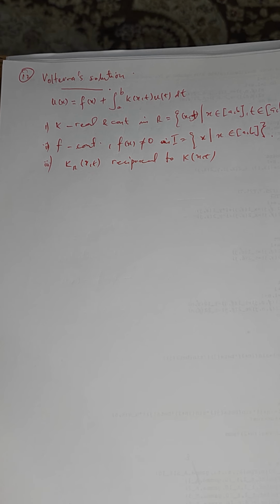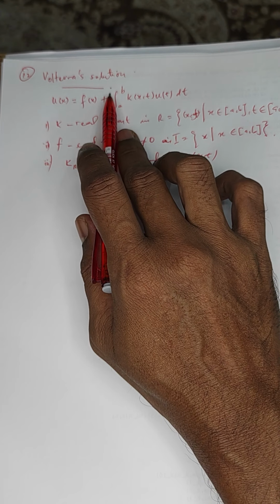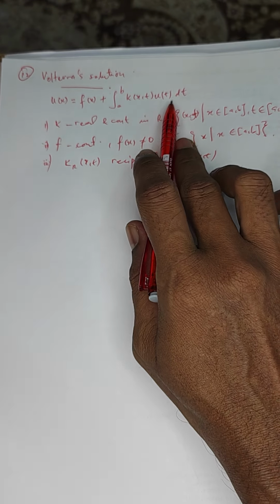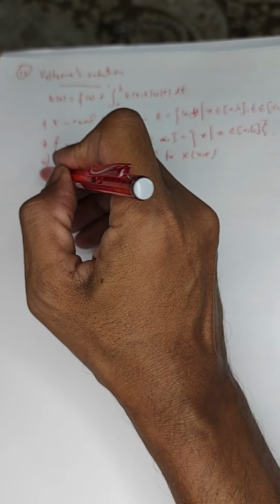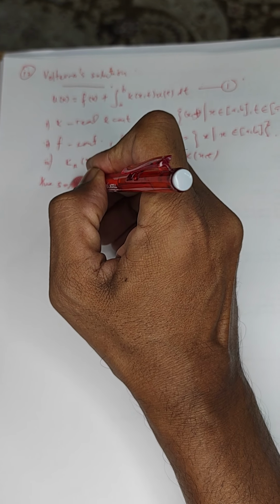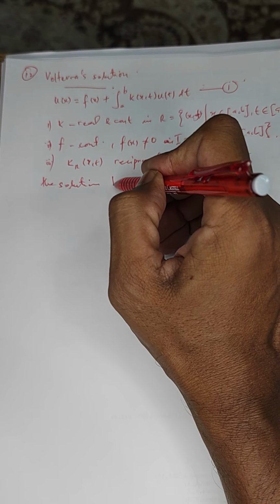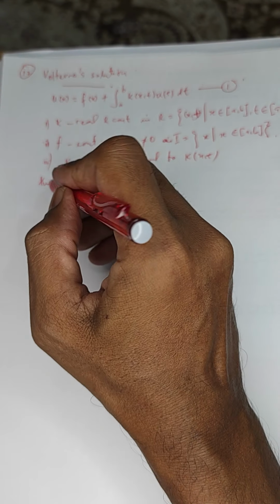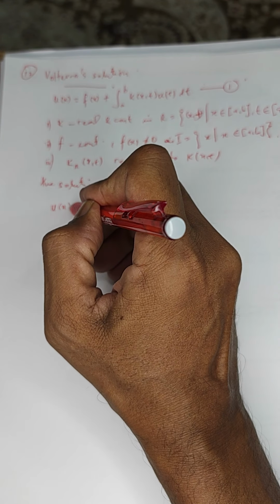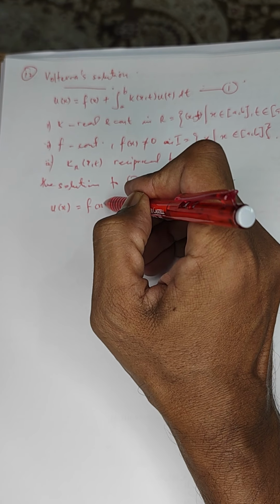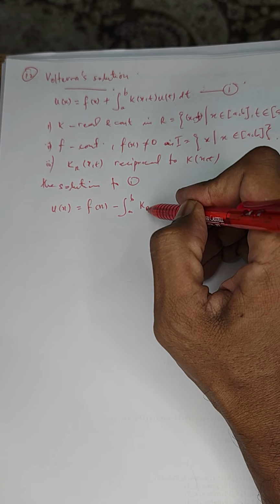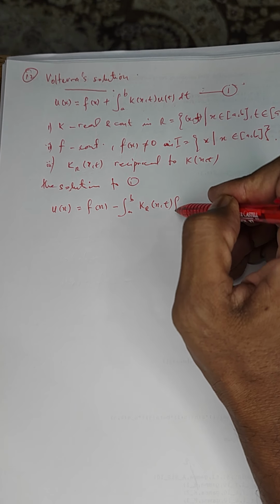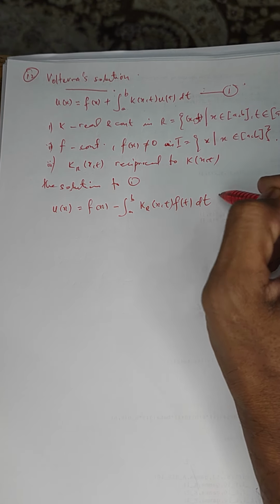Then the solution to that equation is unique and continuous, given by, let's call this equation 1, so the solution to 1 is given as u(x) equals f(x) minus the integral from a to b of k_r(x,t) f(t) dt.